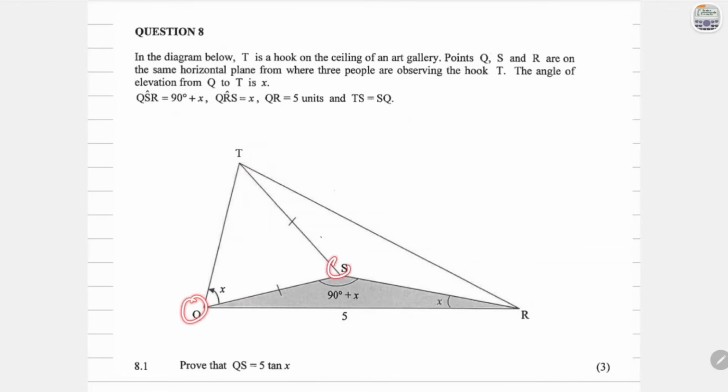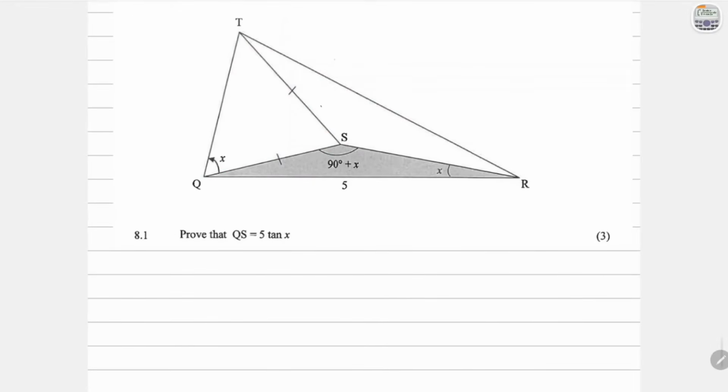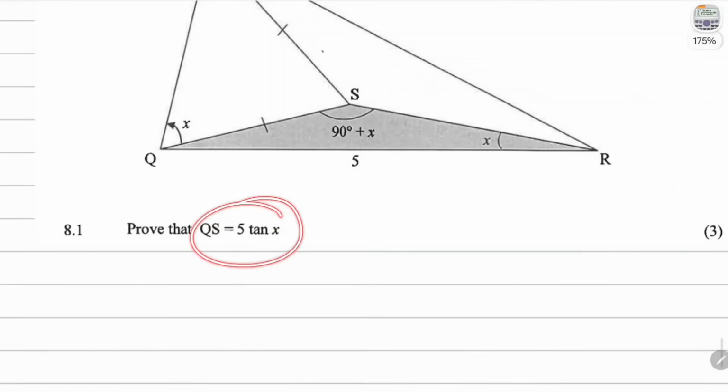Points Q, S, and R are on the same horizontal plane from where 3 people are observing the hook at T. The angle of elevation from Q to T is X, and we are given that angle QSR is 90 degrees plus X, angle QRS is equal to X, QR is 5 units, and TS is equal to SQ. The first question is to prove that QS is equal to 5 tan X.